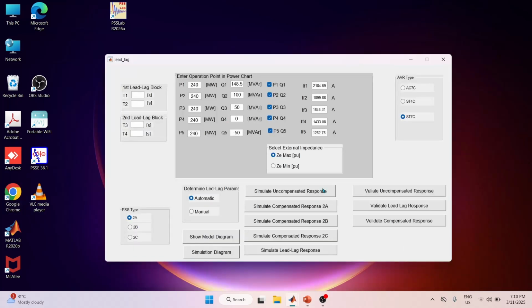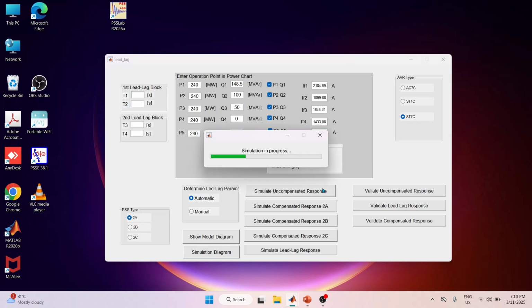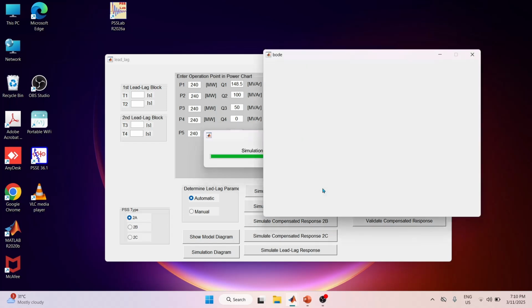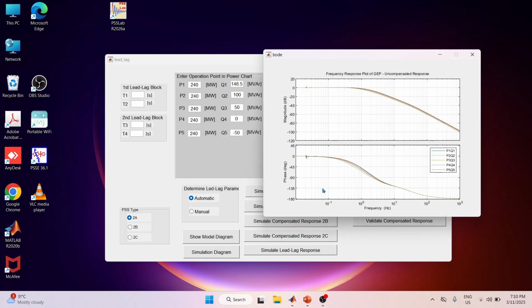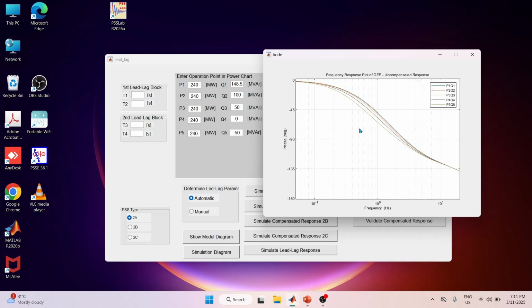Finally, let us pay attention to uncompensated frequency response, and in particular to the phase lag which needs to be compensated with lead lag blocks. Let us zoom into the phase of the frequency response. We can see that the phase lag or delay is obviously different for the different operating points.